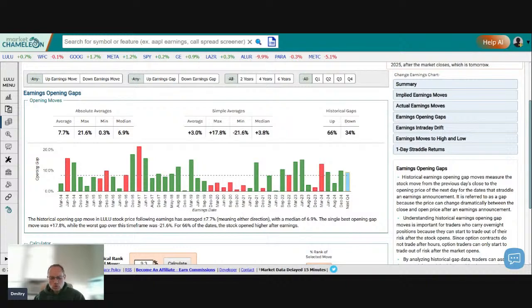And one of the reasons we look at the earnings gap move is that when a stock closes, reports earnings, then opens, it's a gap because there is a period there where the markets don't have regular trading hours. Options markets are closed.